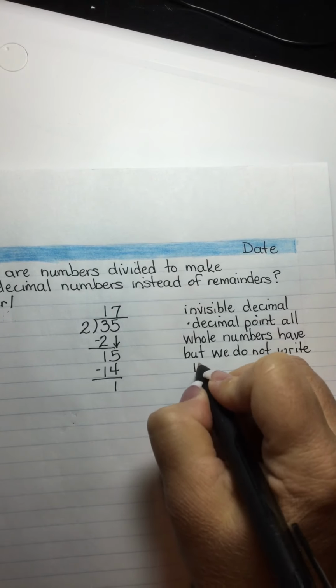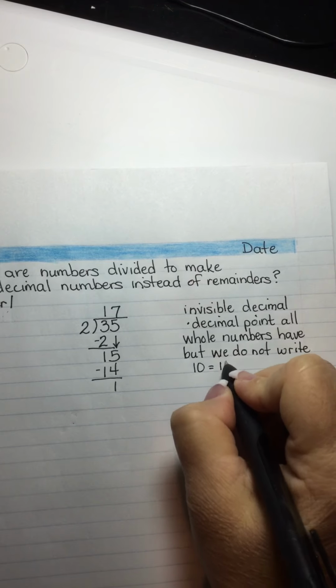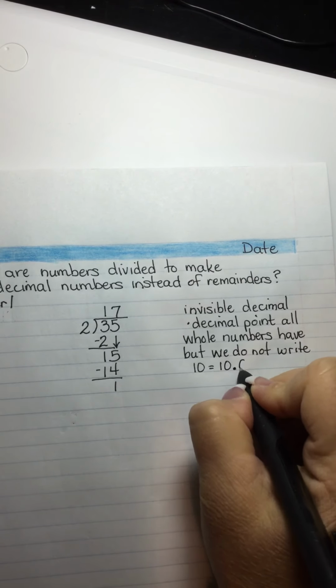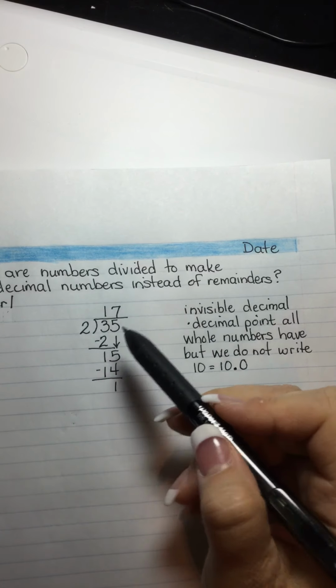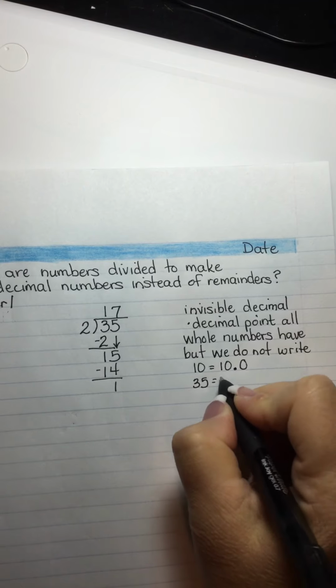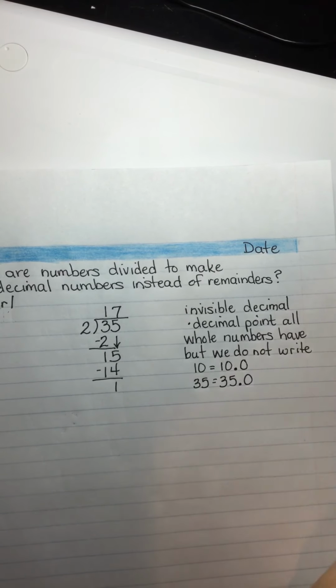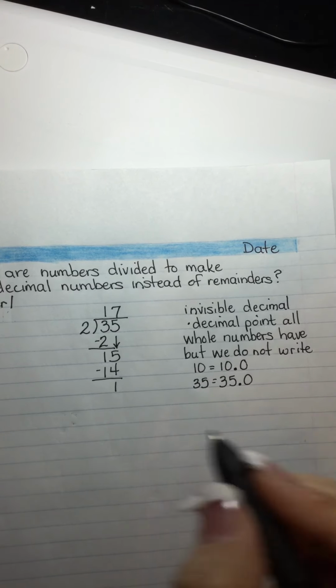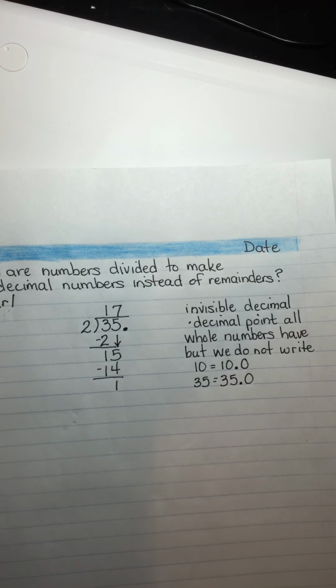So for example, 10 is the same as 10 decimal 0, 10 and 0 tenths. And just like our 35 here, 35 is the same as 35 and 0 tenths. So we can take that decimal point and we can put it after the 35.